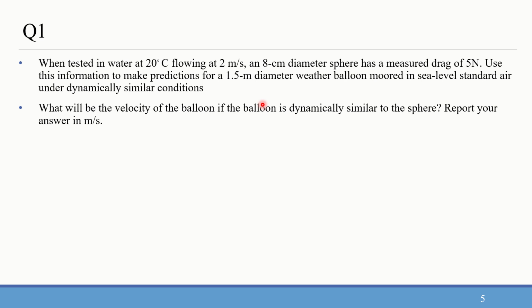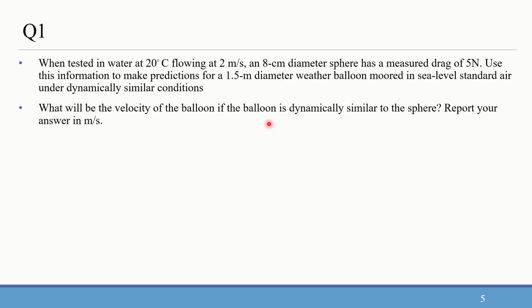One is testing in water at a temperature of 20 degrees Celsius, and its velocity is 2 meter per second, and the sphere diameter is 8 centimeter. They have a measured drag of 5 Newton. By using this information we have to predict the velocity for a 1.5 meter diameter weather balloon in air conditions. It is given that the balloon is dynamically similar to the sphere.